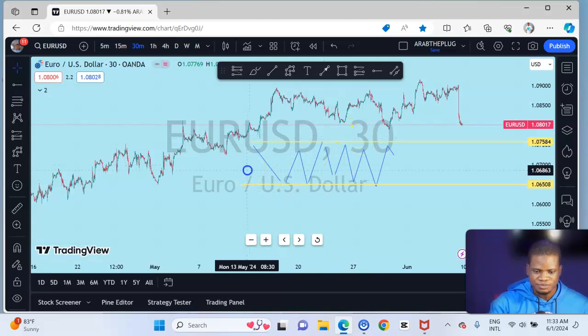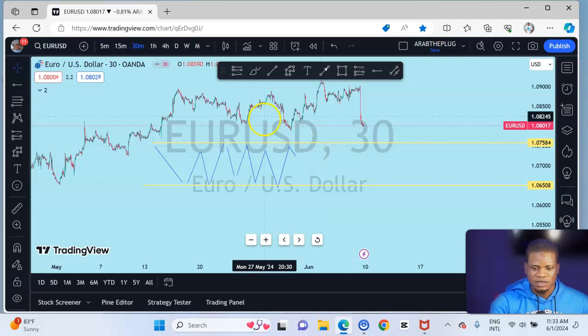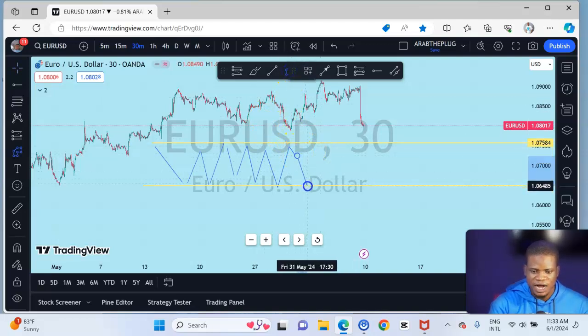So now let me expand this a little bit. So let's say now the market comes back to this area and the price of the iPhone, going back to the iPhone example, sells at 1,000, then it drops. It drops below 1,000, comes to let's say 500. Then from 500 it goes back to 1,000.